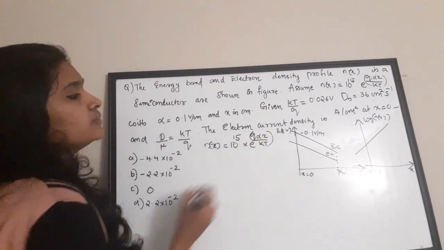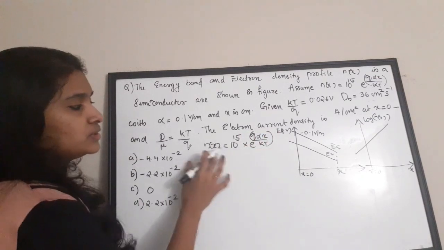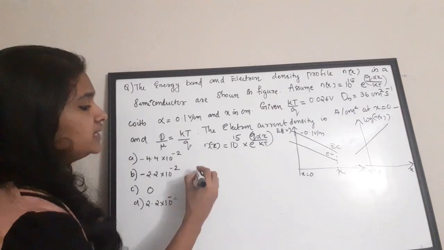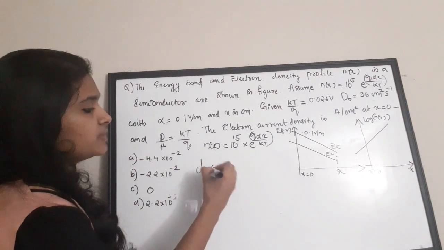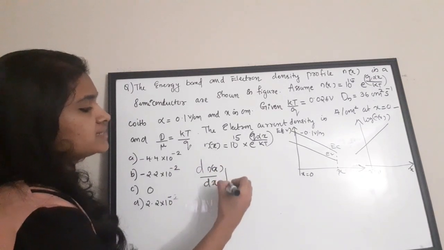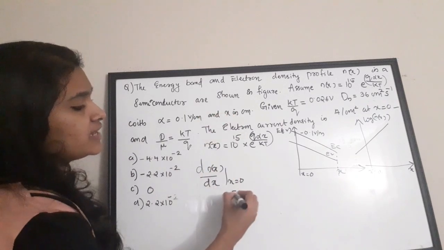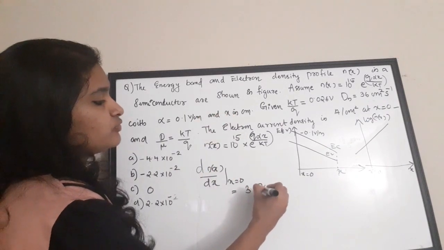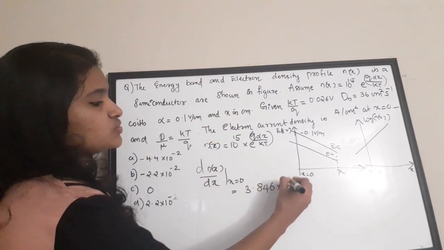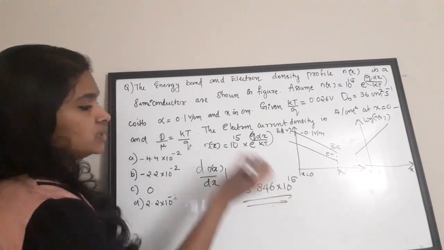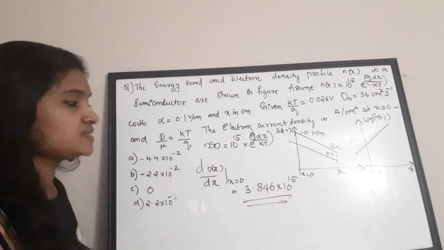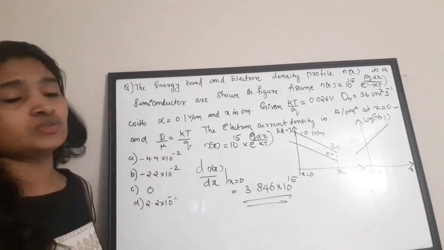So this is the value for n(x). So take the differential dn(x) by dx and put x is equal to 0. You will get the value as 3.846 into 10 raised to 15. This will be your value. Okay, so dn(x) by dx is 3.846 into 10 raised to 15.